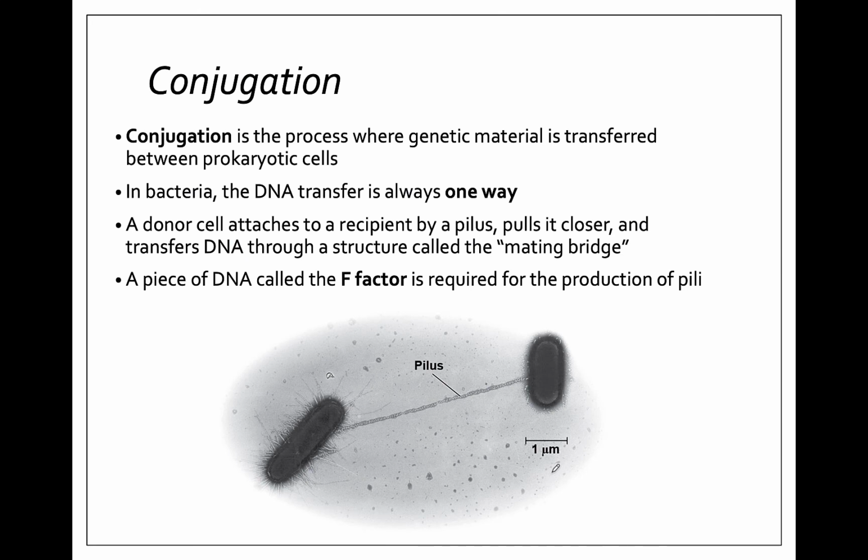The last mechanism for increasing genetic diversity is conjugation, and so this is what you might think of more as like mating. This is going to be a one-way transfer, so it's always going from a donor to a recipient. What would happen is we would have a donor cell here, and then we would have a recipient cell here.